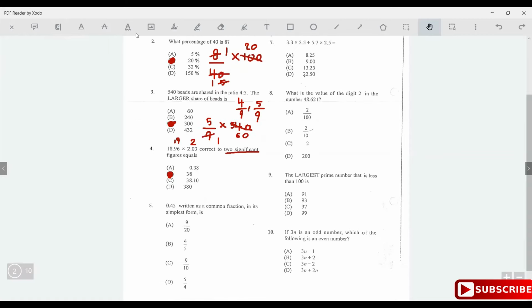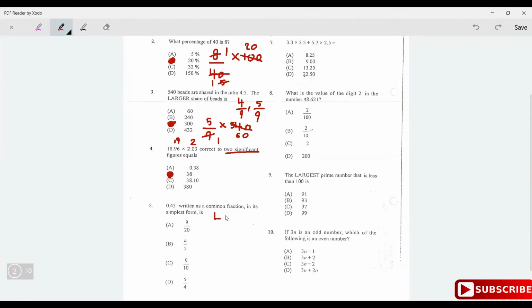Question 5 says you have 0.45 and they want you to write it as a fraction in its simplest form. 0.45 is 45 over 100. But you want it in its simplest form.